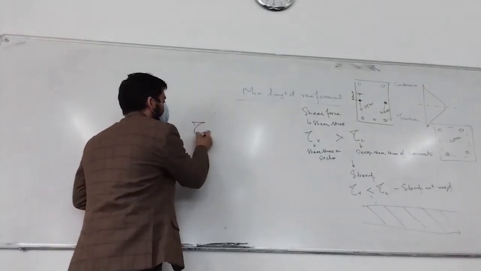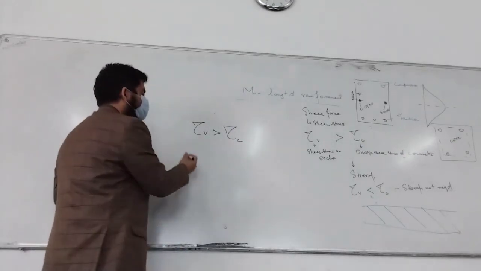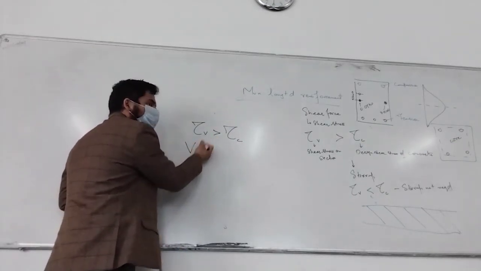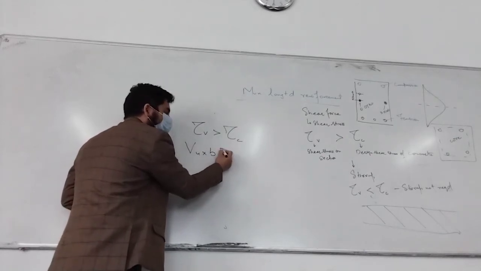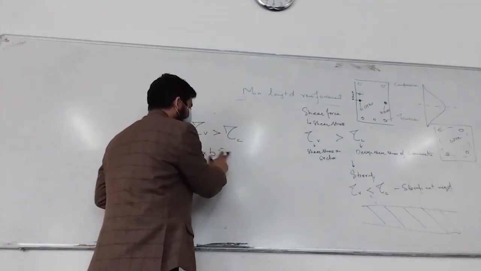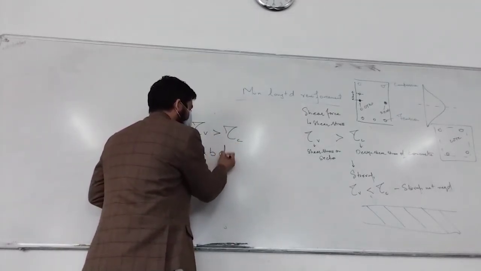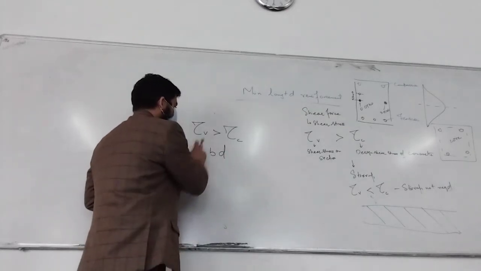Now if tau v is greater than tau c, then what is tau v equal to? Vu by b into d, right? Or small d. If you take only the effective portion, the overall portion is not. क्यों tau v क्यों है?